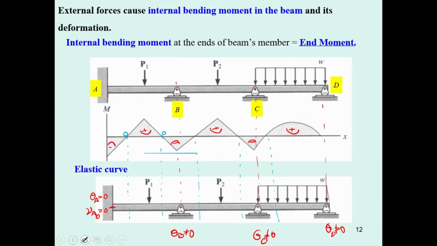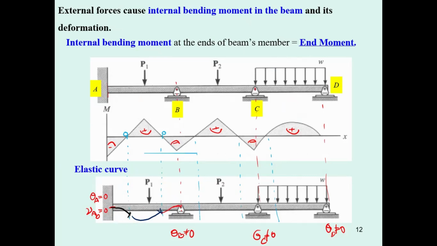Then follow the moment diagram. This one is concave downward, this one is concave upward, and then this one is concave downward.